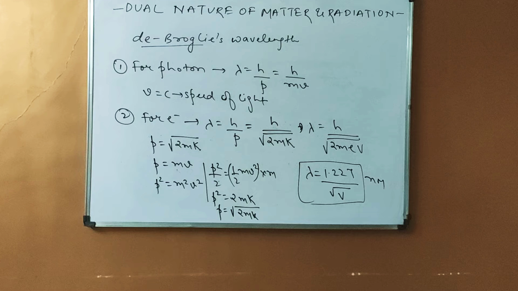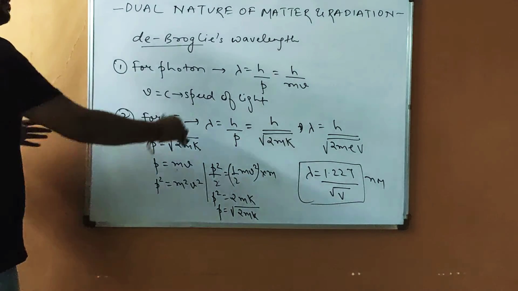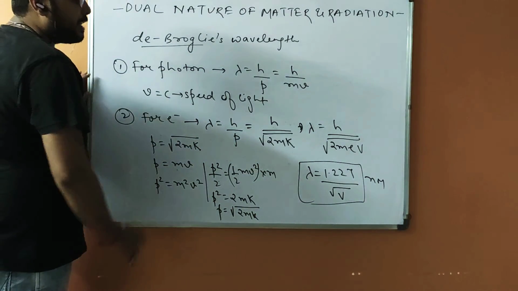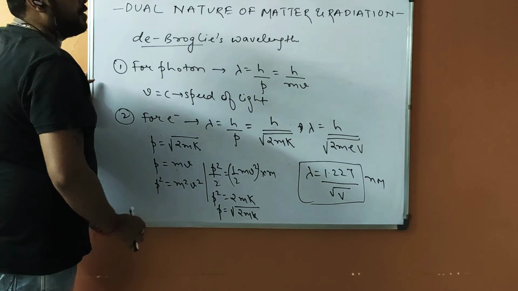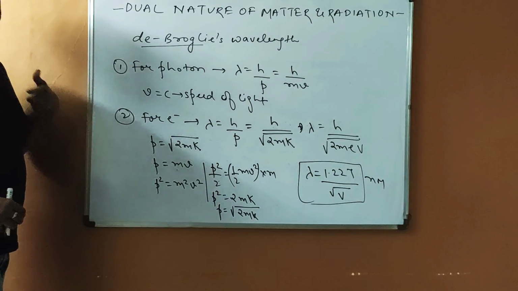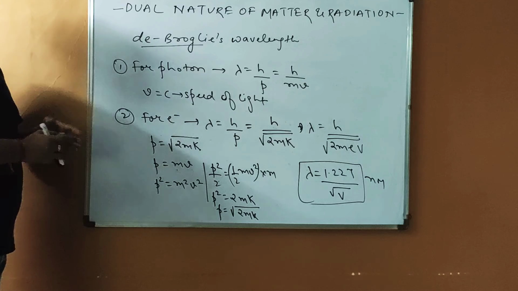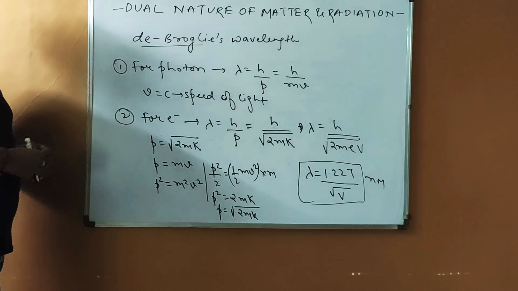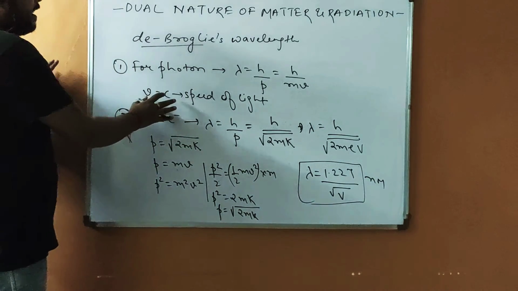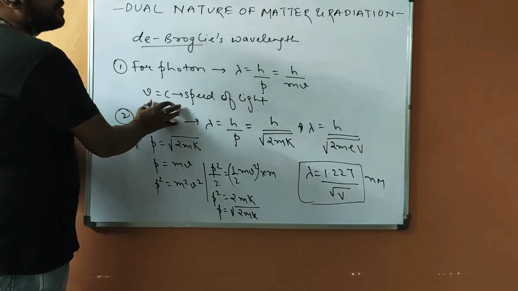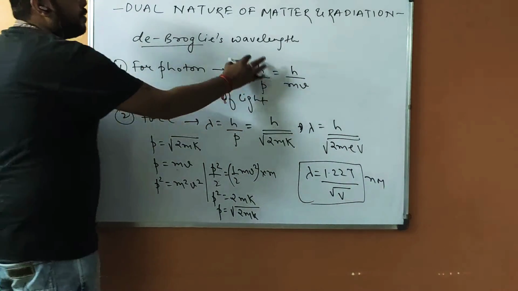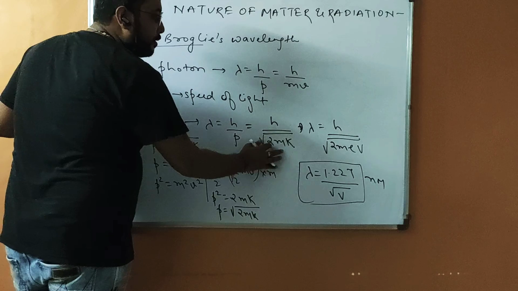See the two formulas for photon. Lambda will be equals to h by p or simple h by mv, where v should be equals to c, that is speed of light. For electron, the formula changes because electron speed changes in the presence of potential. Either we increase or we decrease, the speed will change. It does not take place with the photon. So for electron, you can't use the direct formula. You can use this one.